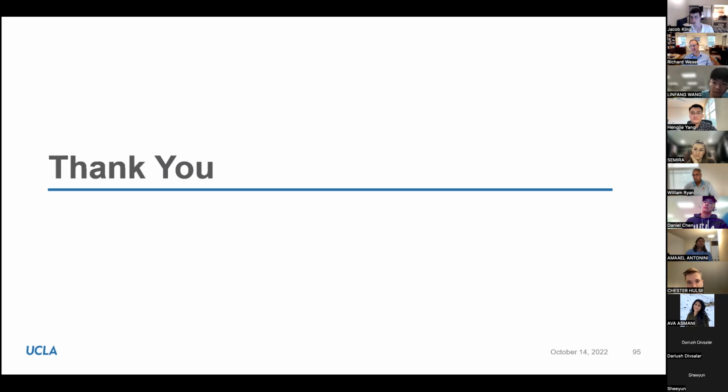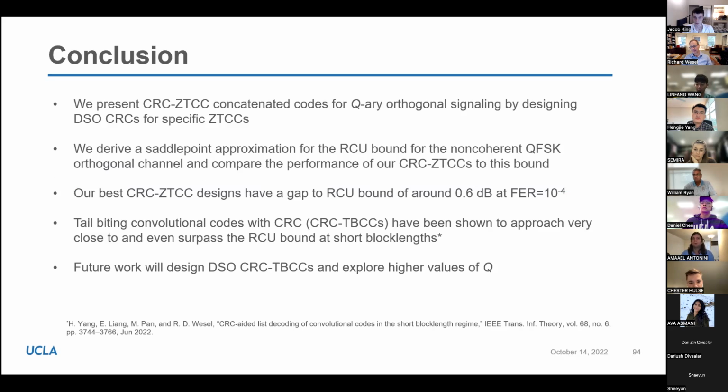I have a question. We've seen in, I think, one of Henry's presentations, that at some point as the CRC length grows, you start decreasing the performance. And in your plot, it seems that the performance keeps improving.